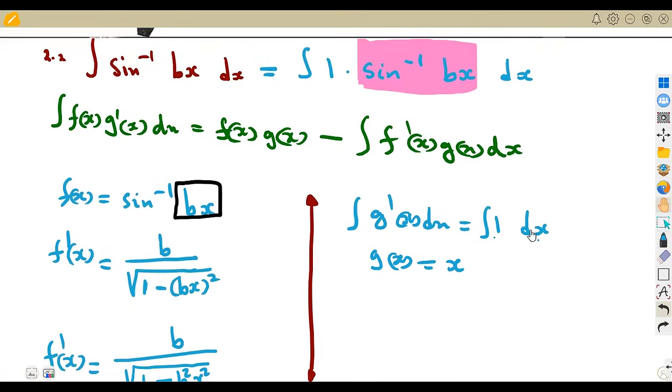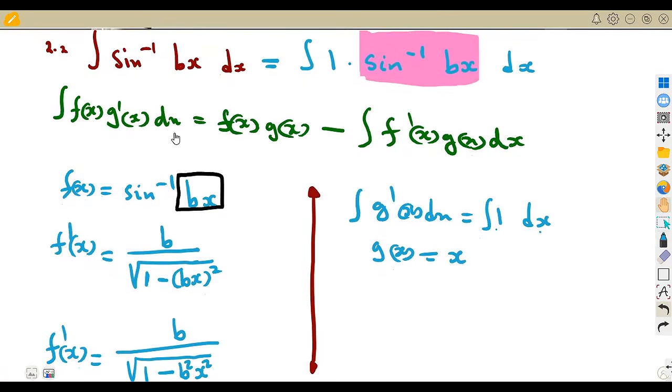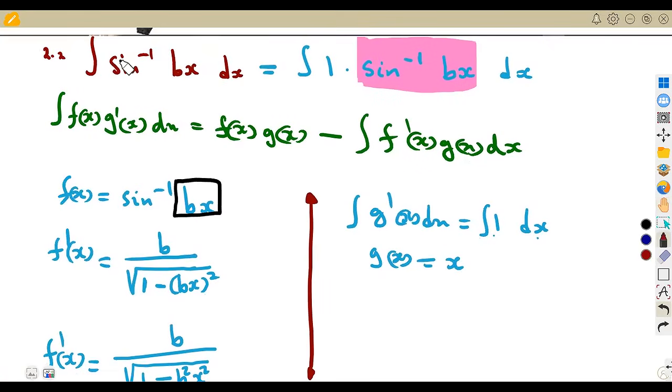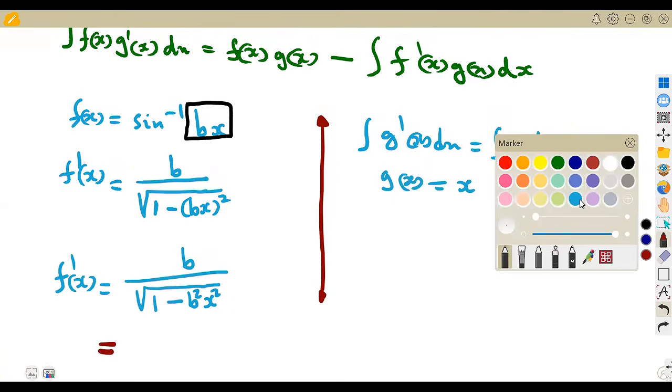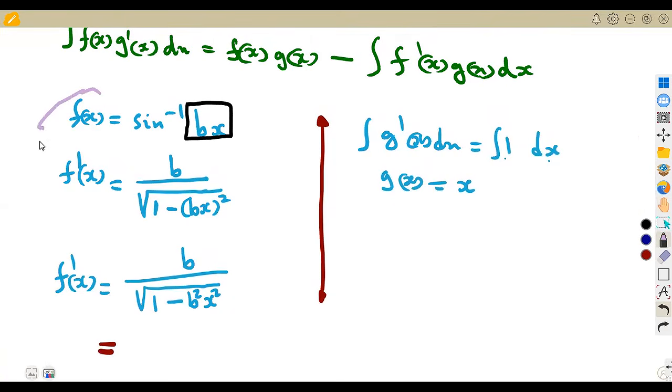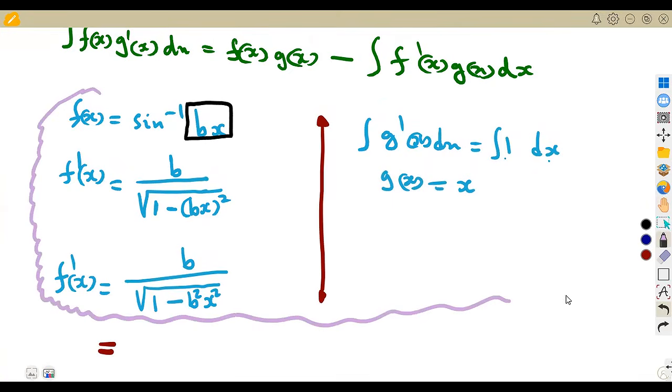So now that we have got these, let's get back to the formula so that we find the answer to this integral, this whole integral of arc sine of bx. What is it going to give us? From the formula, this whole integral is going to be equal to, so these were just calculations that we were making here.